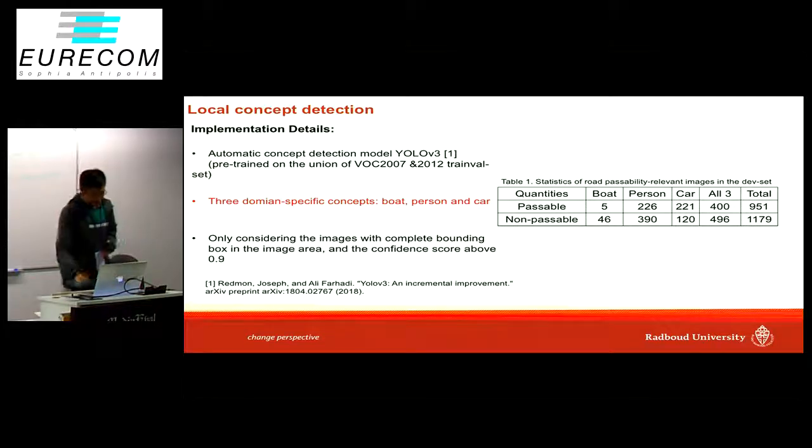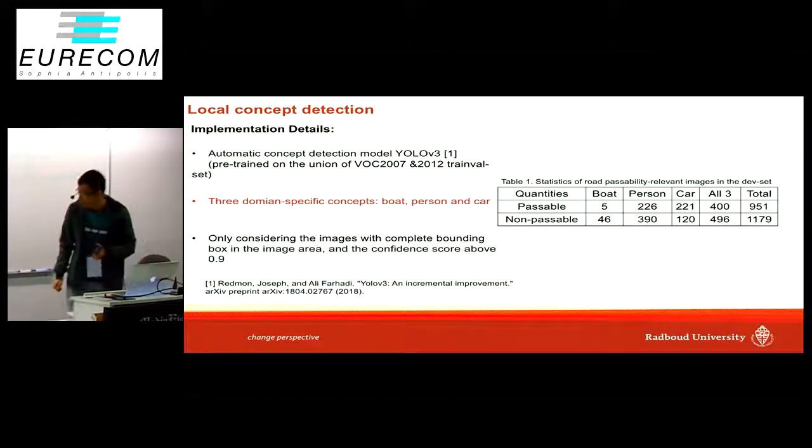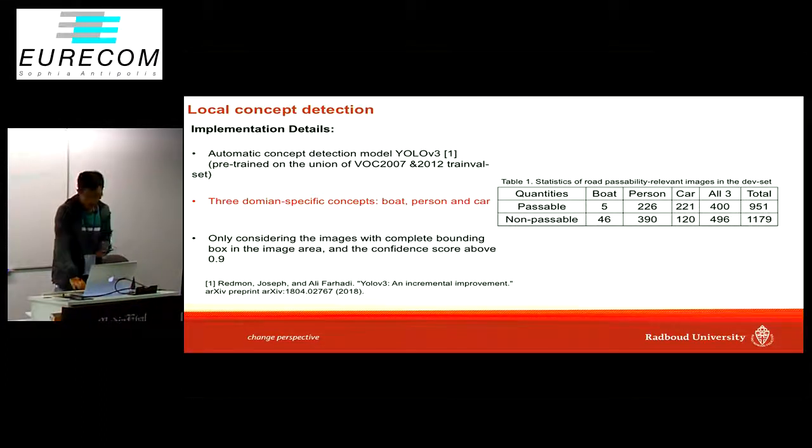decision. Inspired by this idea, we propose to use automatic concept detection to detect domain-specific concepts. Namely, in the context of road passability, we think the boat, person, and cars will be very important for the reference.